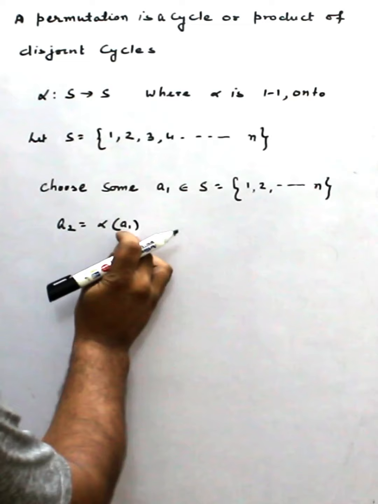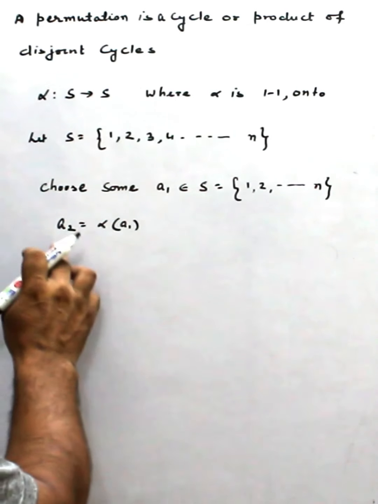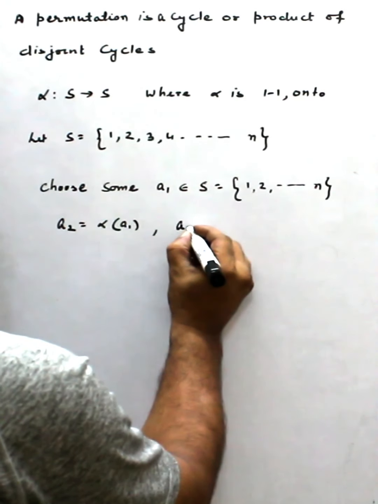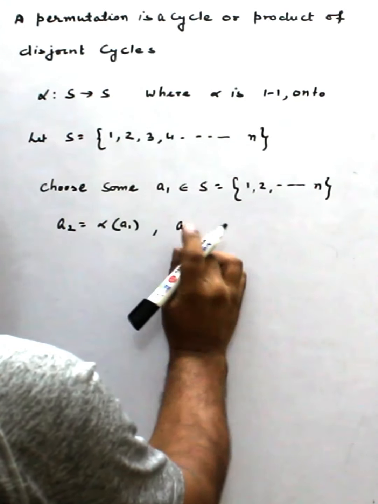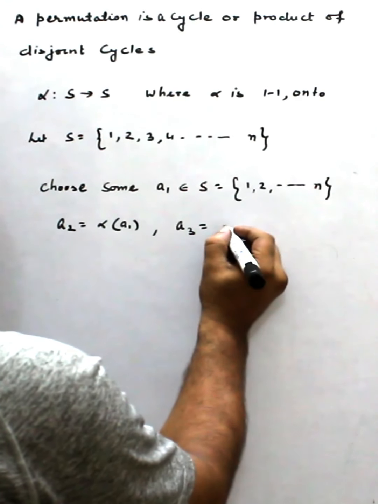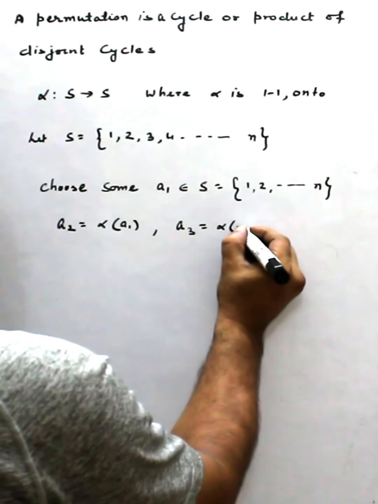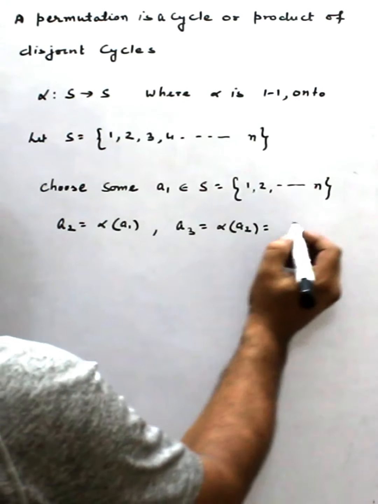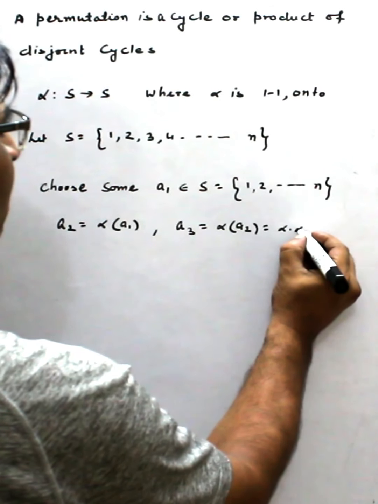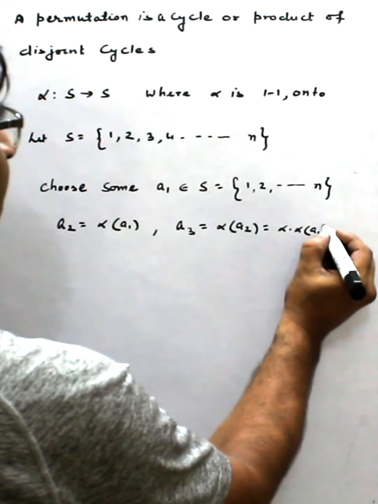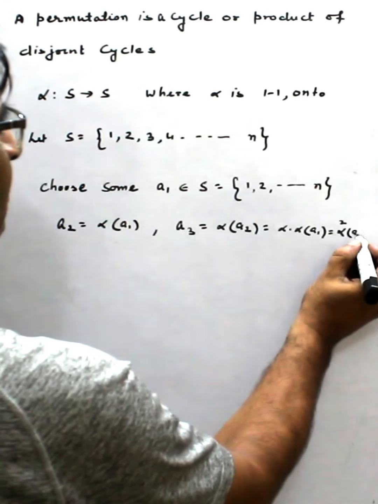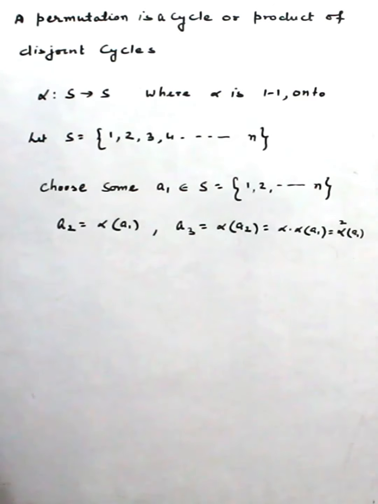That means alpha A1 is equal to A2. Similarly, A2 also has some image. Take A3 as the image of A2, and this A3 is alpha of alpha A1, and this we can write as alpha square A1. So keep continuing like this.